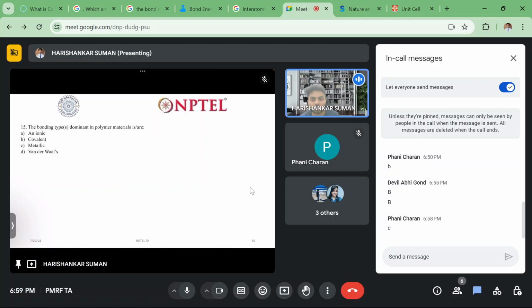Next question: the bonding type dominant in the polymer material is what? Which type of bonding does polymer have? Polymer. So covalent and van der Waals.